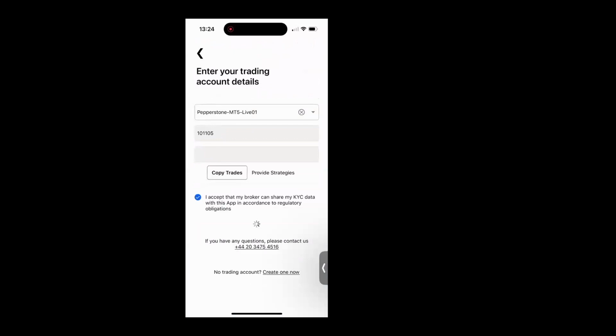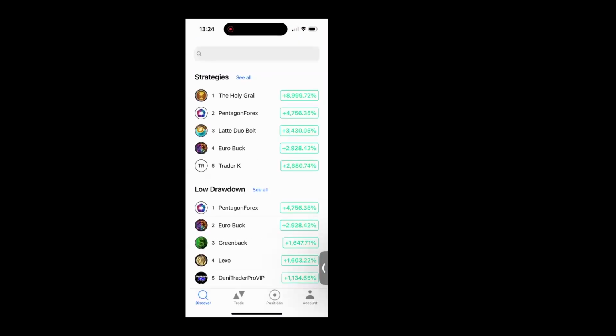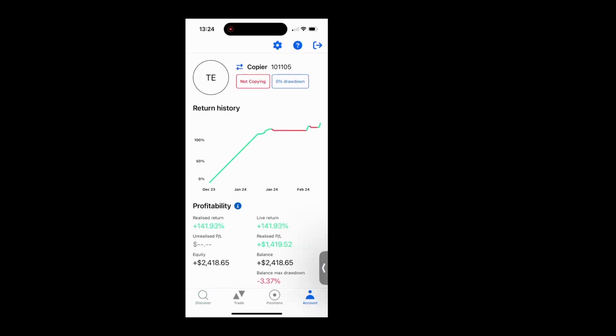Like I said, I've already connected one account to the app. I'm now connecting a second account to the app. Okay, Victor, I see you've got another question. I'll come on to that in a moment. So this here is another copier account that I've just connected. These are the returns for this specific trading account.